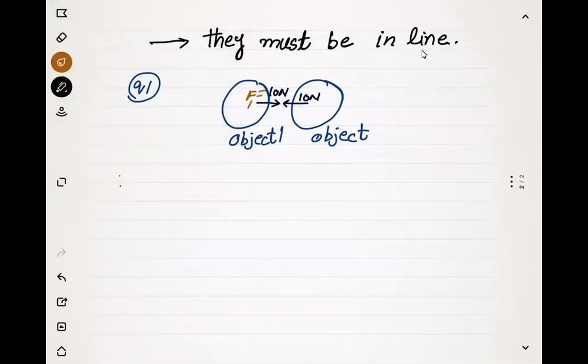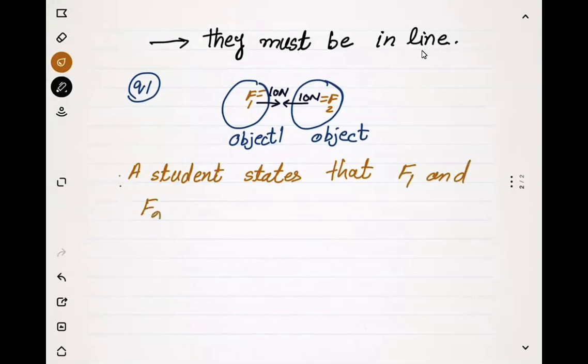and we label them as F1 and F2, and a student states that F1 and F2 are balanced.